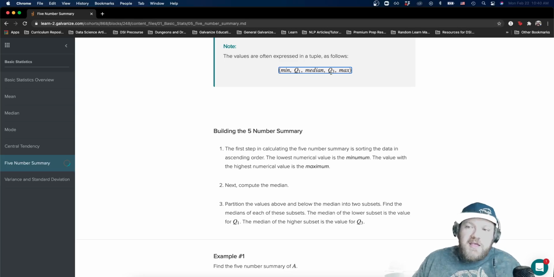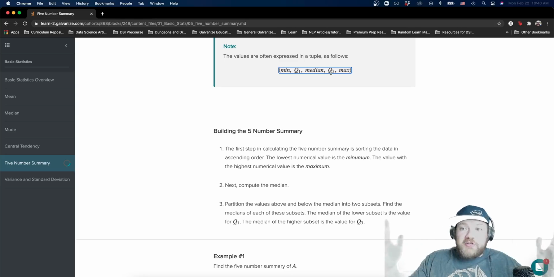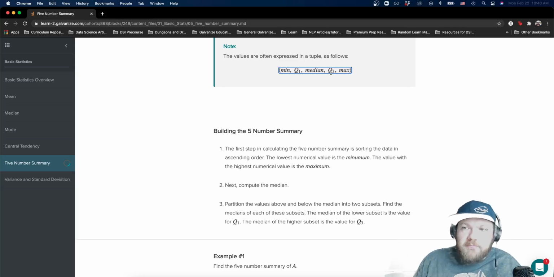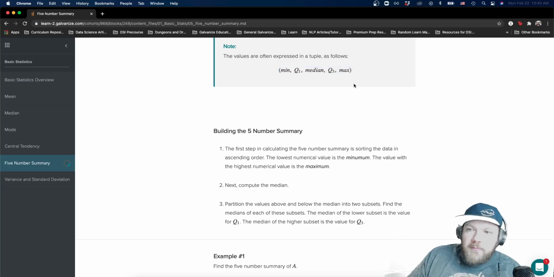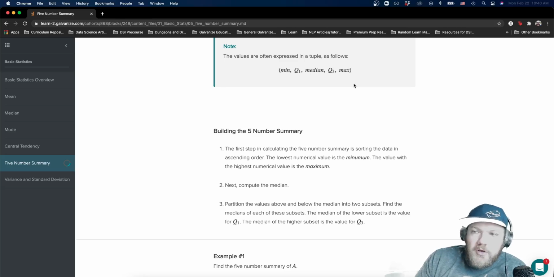So this 5-number summary gives us an idea of the overall distribution beyond just some measure of center, right? It might say, hey, the minimum is 27. Let's actually talk about horsepower for vehicles on the road, right? We might see that the minimum is 27 horsepower. That's very little power.